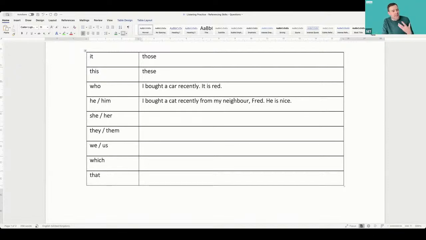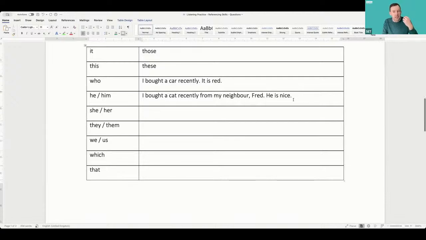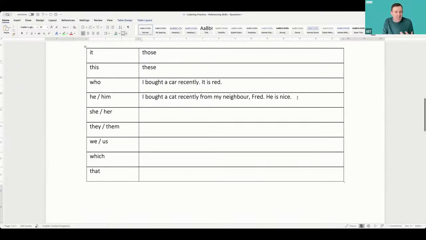So lots of things can influence this, and I can't go into all of them. But in OET, it's generally not going to be as confusing as that. They're generally going to use things like this referencing. So if I said something like, I sold some shares recently. This is why I am moving house.